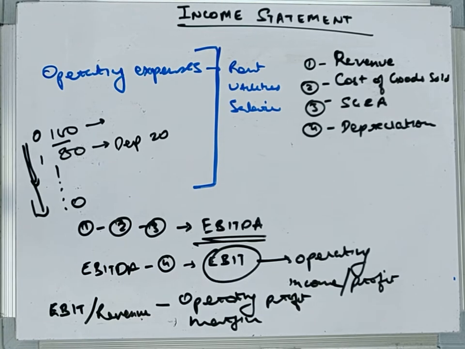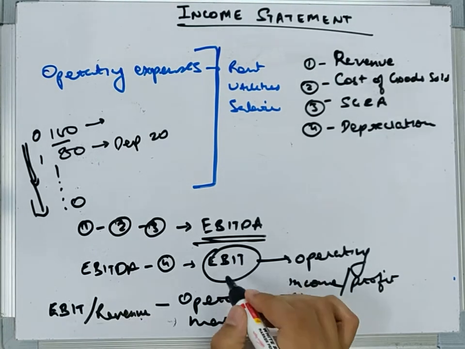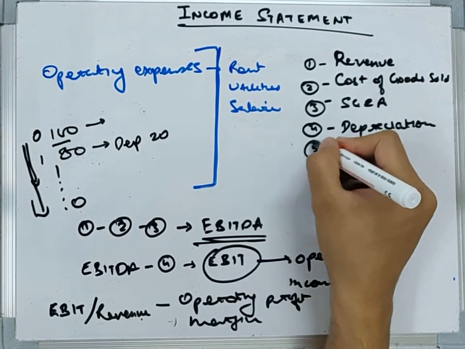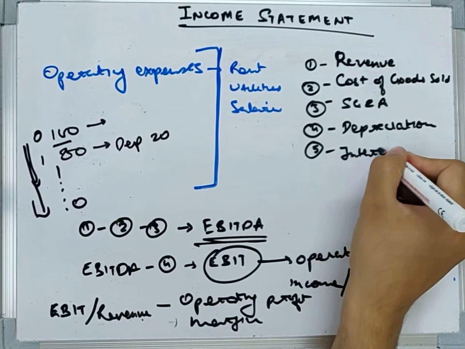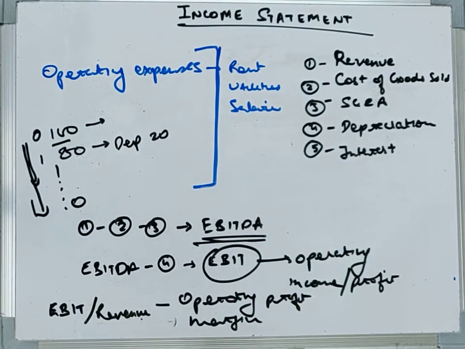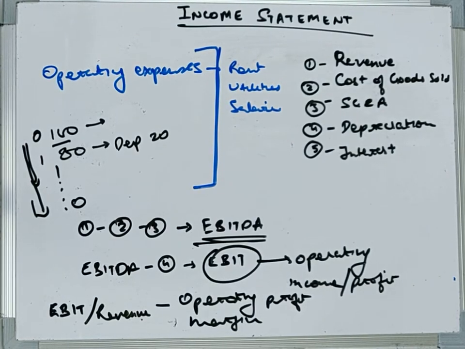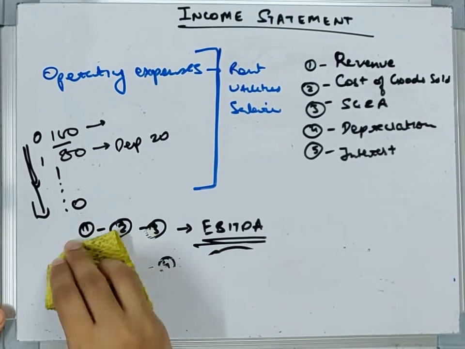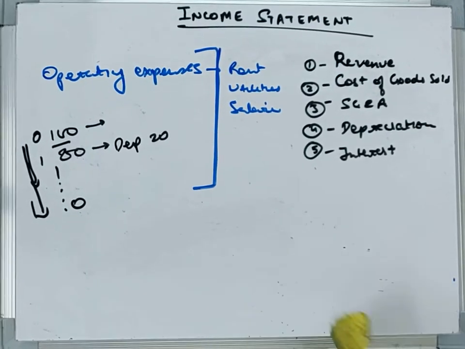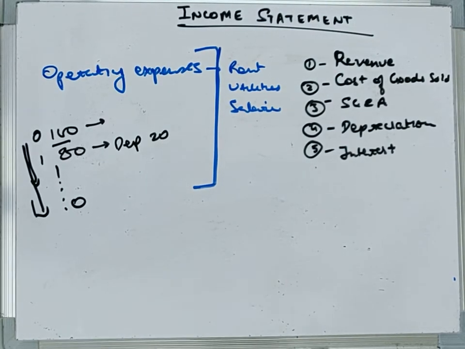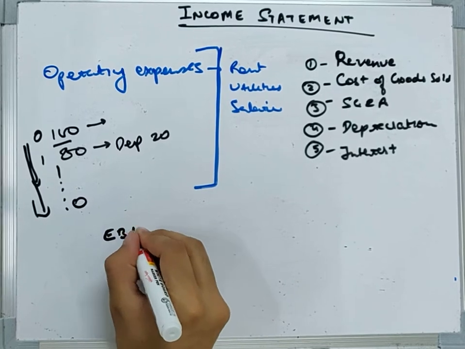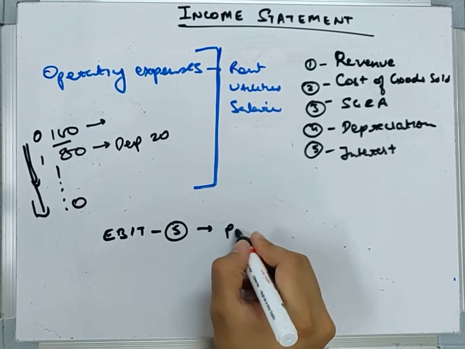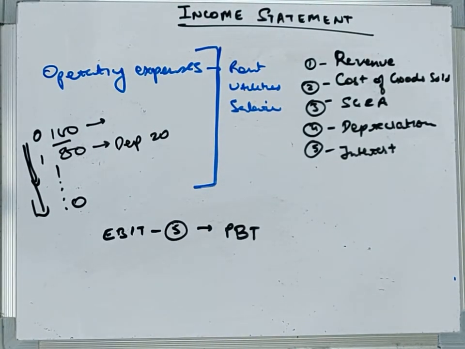Now the other measure is, as we can understand, EBIT, that is earnings before interest and tax. Now if we subtract interest from EBIT, it is profit before tax.